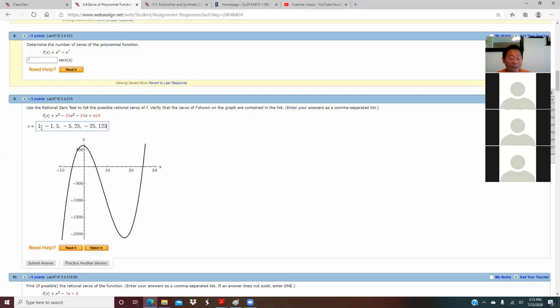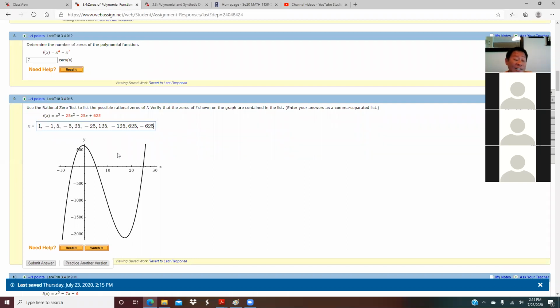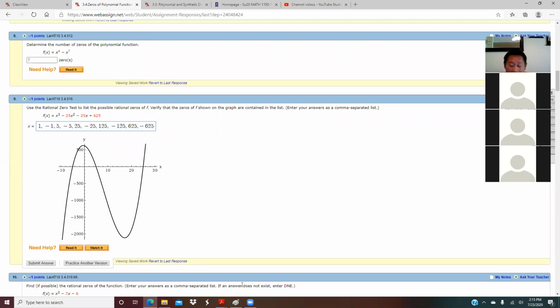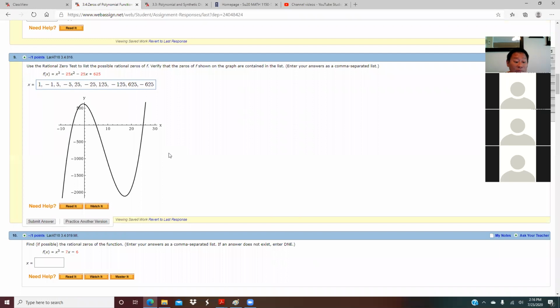You have to type all this out twice, one for positive and one for negative. That is the only way you can do it in your online homework. So they are very picky. I just want to point out to you, this is what you have to type in here. They don't like plus minuses, so you have to do it twice. In my test, yes, you do plus minuses. So this is how you find your rational zeros in this case.